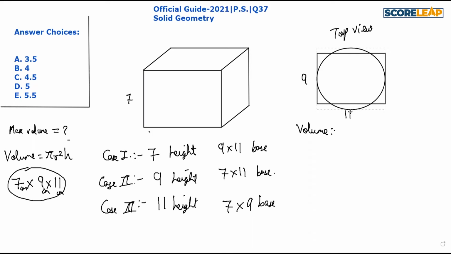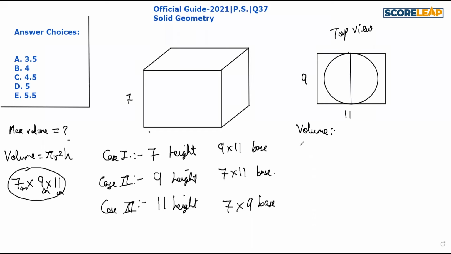So the maximum diameter here has to be 9, and the radius becomes 4.5.